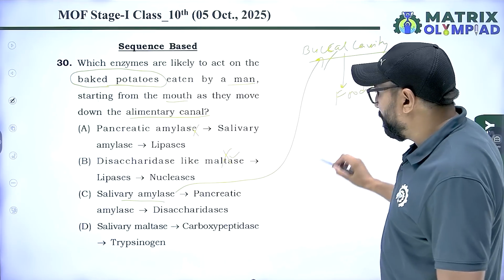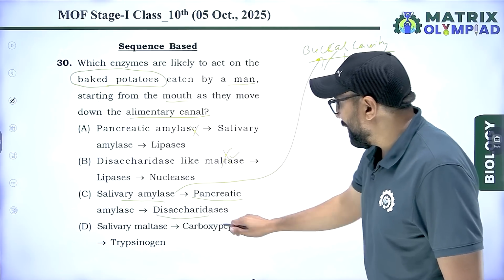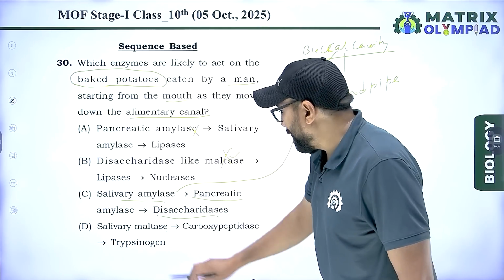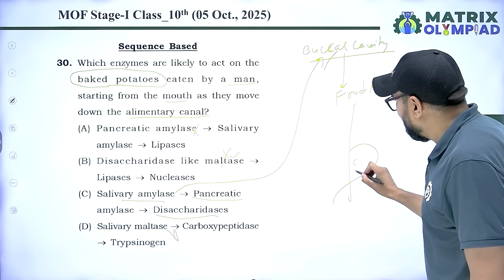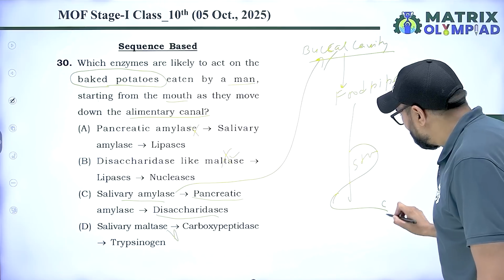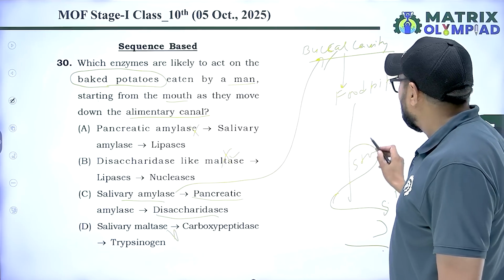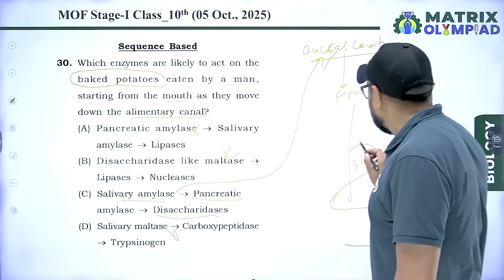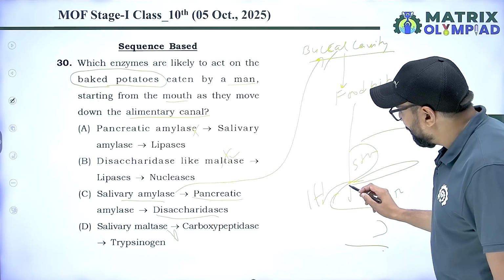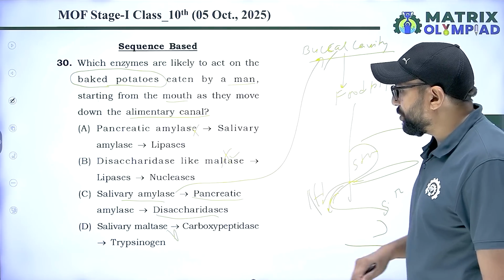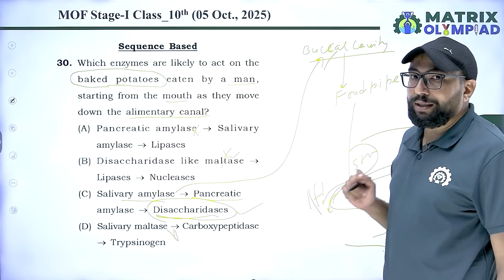Next, in the food pipe, pancreatic amylase and disaccharidase, salivary maltase, no. Next step going in the stomach and then in the small intestine, then in the large intestine. Salivary amylase, then pancreatic amylase when the hepatopancreatic duct releases pancreatic juice and bile juice, and then disaccharidase enzymes work there.